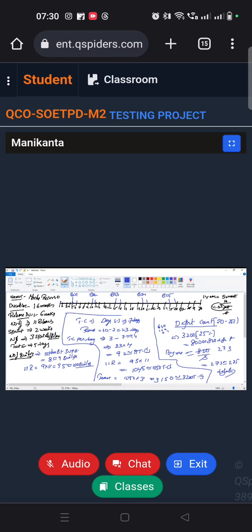Test cases count. Sprint duration you can take your own value, I'll tell you what duration you can take.